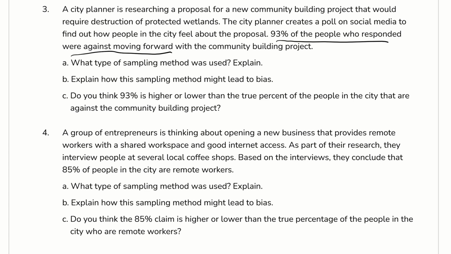Okay, so here they created a poll on social media, right? And then people had to actually go in and respond on social media. So this is a voluntary response sample. As long as somebody self-selects to go and participate in a survey, we call that voluntary response.